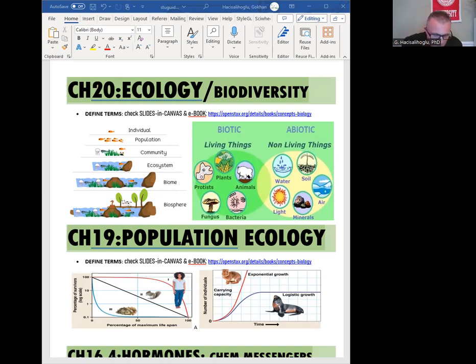So this chapter just focuses on general ecology, again, not specific to any population or community ecology. Of course, there are some topics that overlap between this chapter and the next chapter.